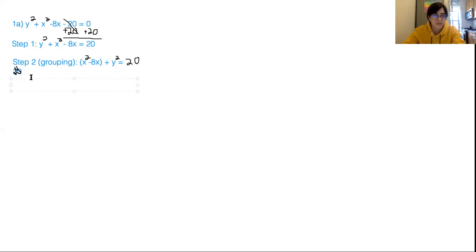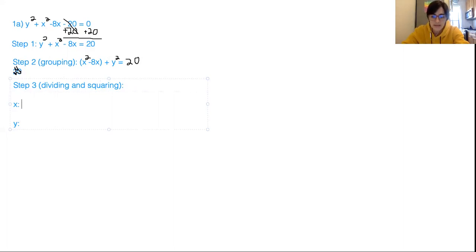For step 3, we're going to be doing some dividing and squaring. This is similar to what we did with 1 variable. But now I need to do it for x's and I need to do it for y's. For x, I'm gonna take my number that's attached to a variable, but not my variable squared.